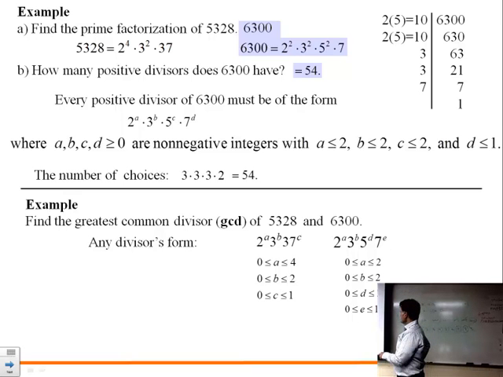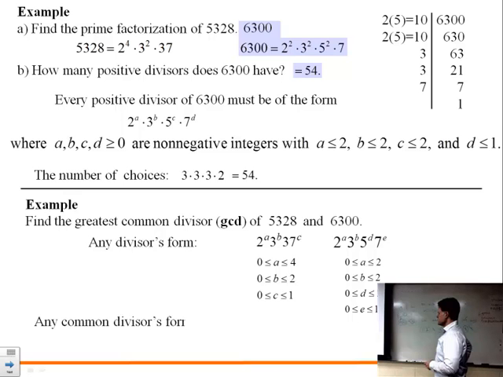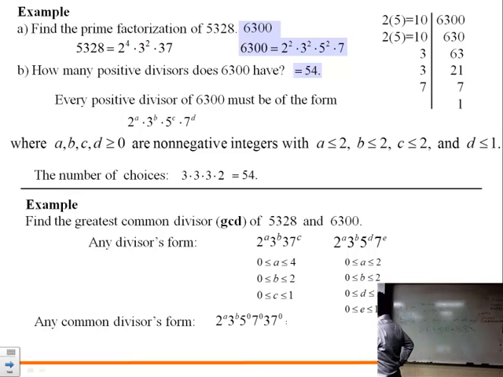So if you're going to have a common divisor, its prime factorization can only consist of primes that are common to the two lists. And then the exponents are going to be up to the minimum of the two corresponding exponents of the two lists. So that is the rule for a common divisor. A common divisor has to have this form.